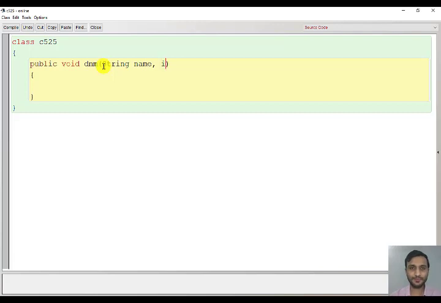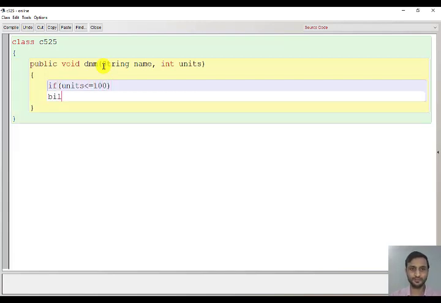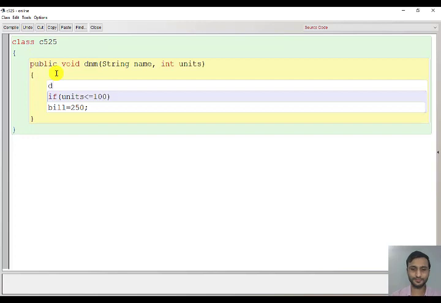And then the units consumed, int units. If the units is less than or equal to 100, for the first 100 units the bill is 250 straight. So we'll declare the variable bill, double bill.